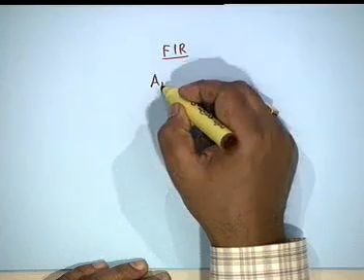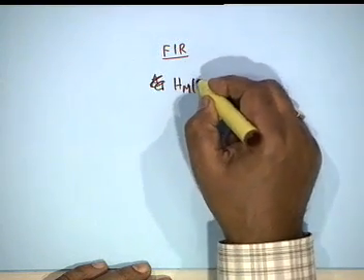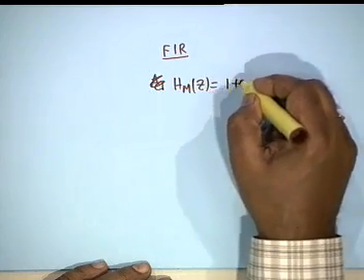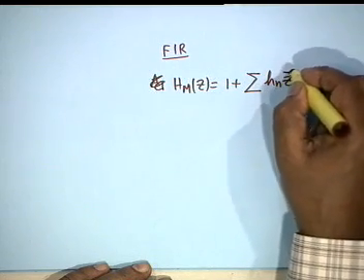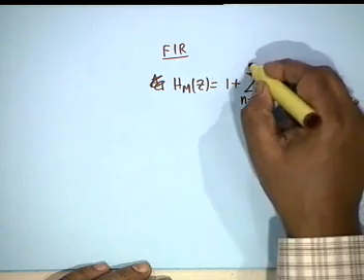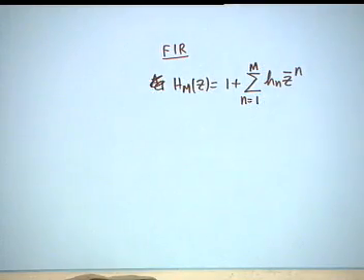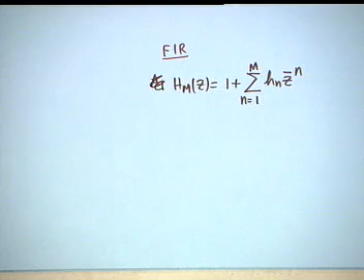I would like you to draw with me. I will first draw the complete structure for a transfer function H_M(z) equal to 1 plus summation, FIR, so there is no denominator, H_n z to the minus n, n equal to 1 to capital M. Capital M is the order of the filter, and our discipline is that the constant term we shall always take as 1.